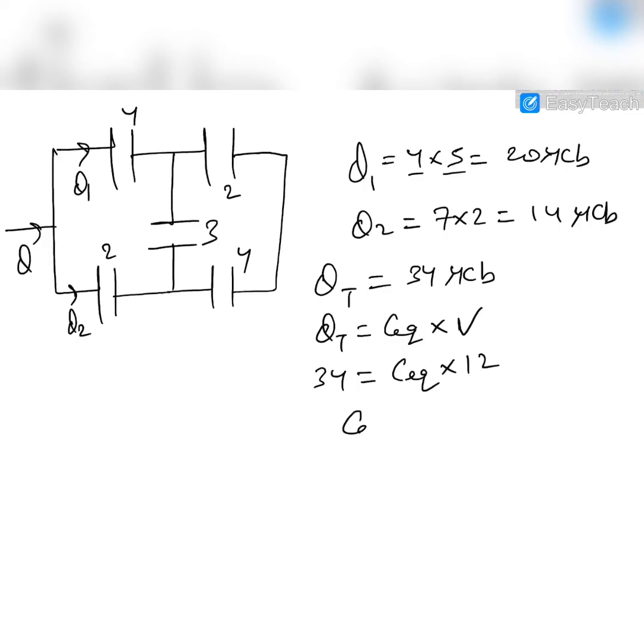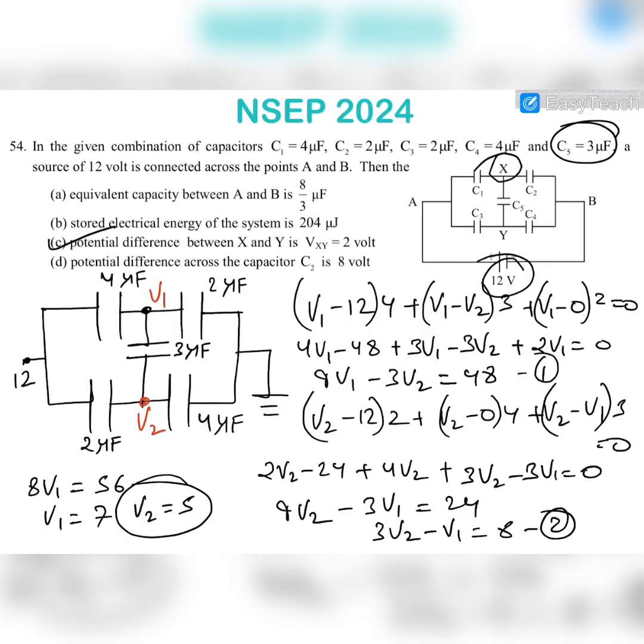So C equivalent will be equal to 34 by 12, which is 17 by 6. This would be the equivalent capacitance between A and B, but this is not the correct answer.